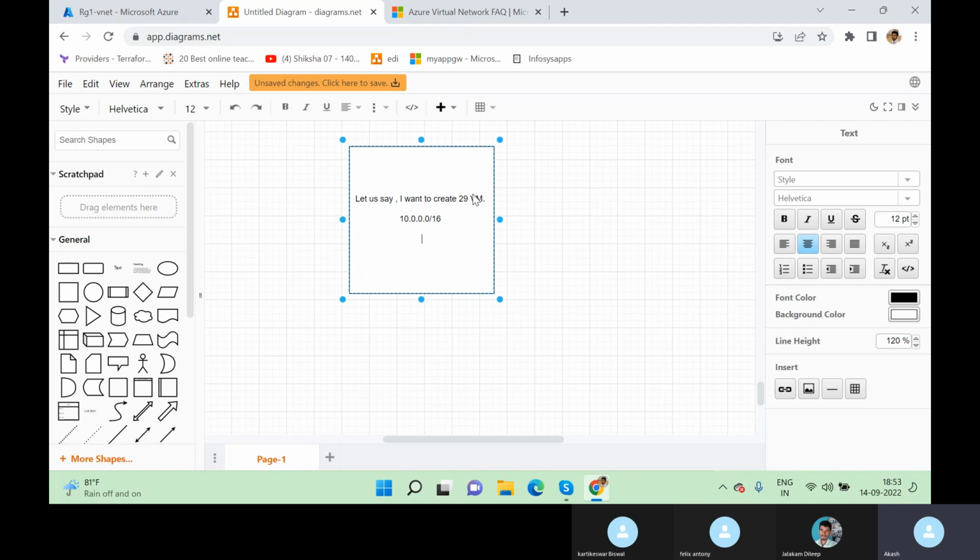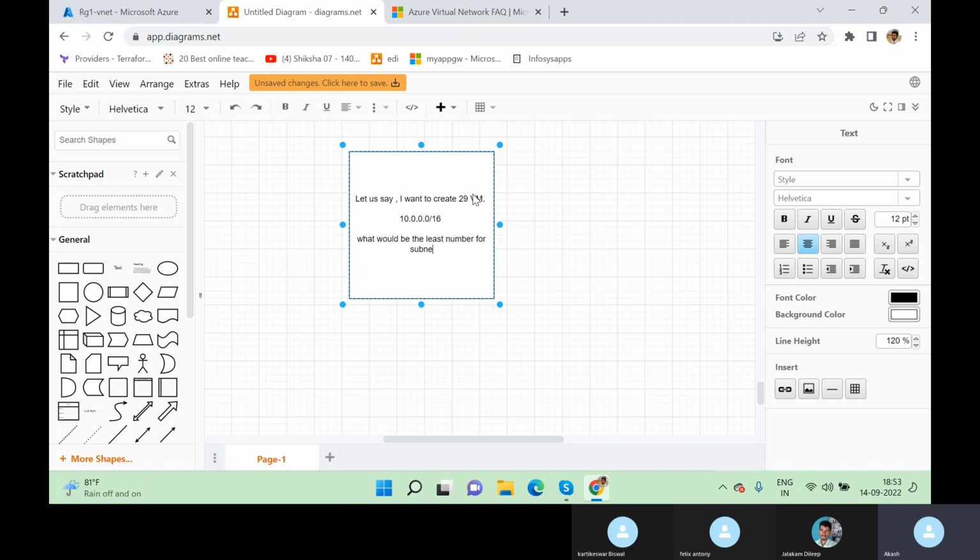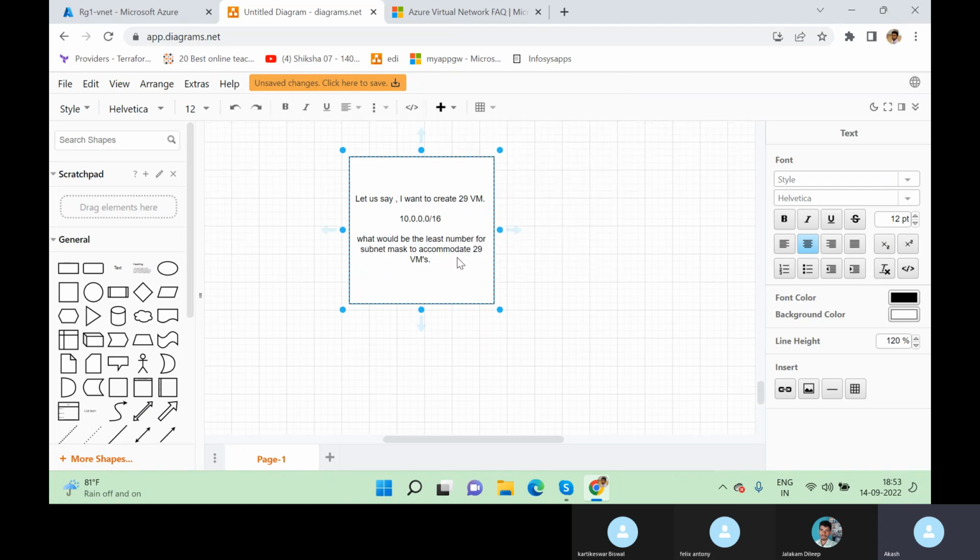What would be the least number for the subnet mask to accommodate 29 VMs? In order to accommodate 29 VMs, how do I need to create a subnet? What would be the least subnet mask? So that is the question.